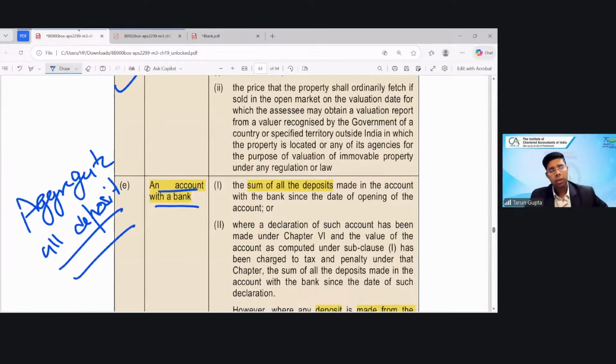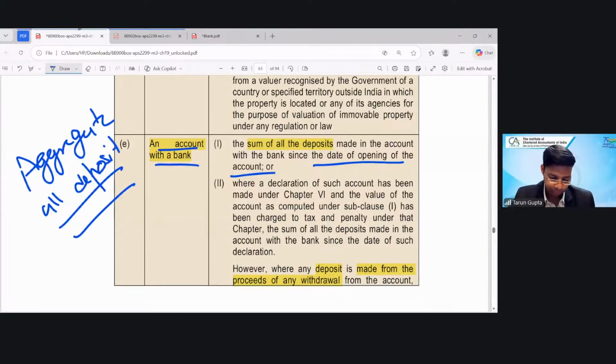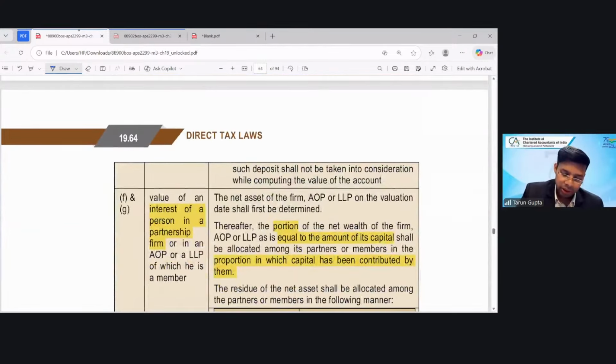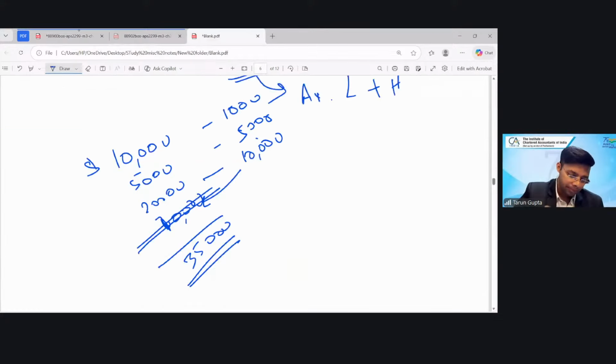It says the sum of all deposits made in the account with the bank since the date of opening of the account. However, where any deposit is made from the proceeds of any withdrawal from the account, such deposit shall not be taken into consideration. Understand?